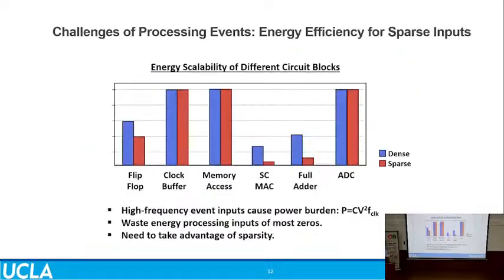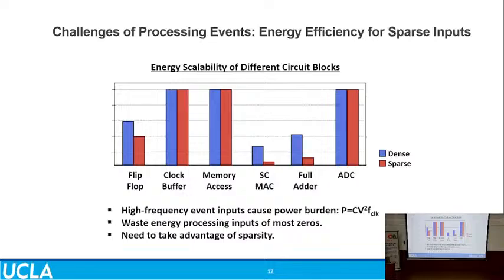And again, if I look at even in the SC example and look at where the energy goes in forming the compute, if I process the things naively with dense and sparse, most of the energy pretty much remains the same.